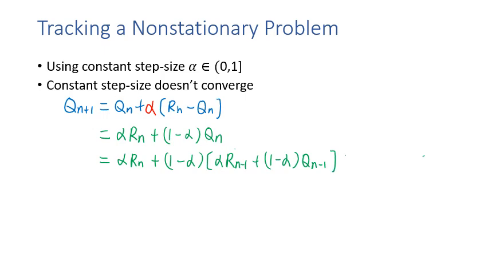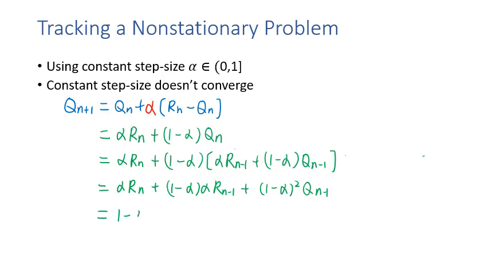Right, so we can multiply the 1 minus alpha into this formula, plus the square of 1 minus alpha multiplied by Qn minus 1. And the Qn minus 1 can actually be rewritten by the recursive rule, by Qn minus 2.